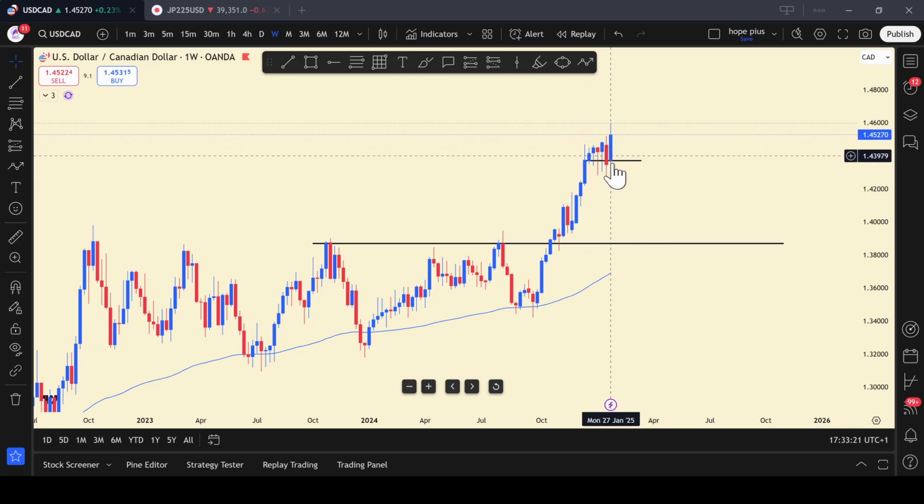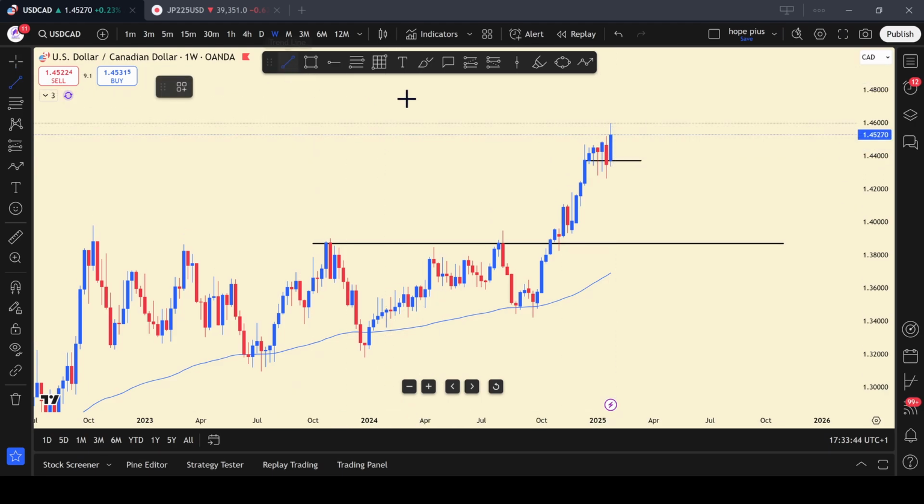Now, because we have a break doesn't automatically mean the market will sell. We have to have a rejection after that break, because this was support broken. It has to become a resistance, but it failed to become a resistance because there was no rejection. So because of a close doesn't mean you should change your direction. Remember, your directional bias is bullish.